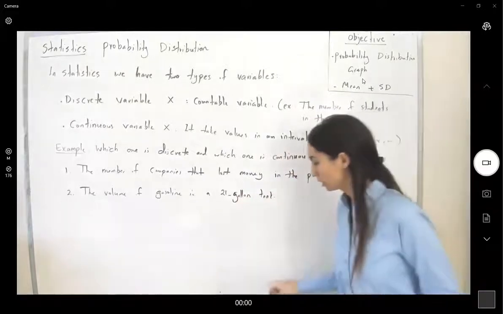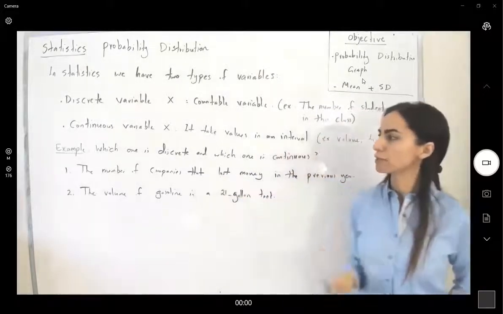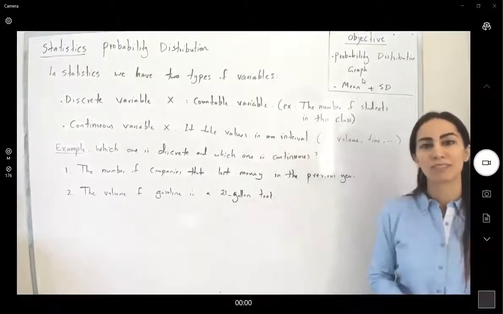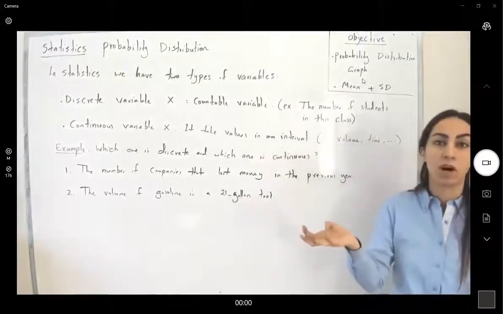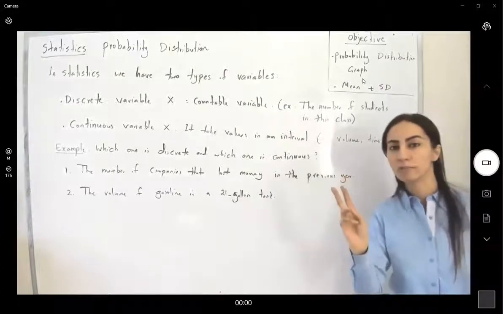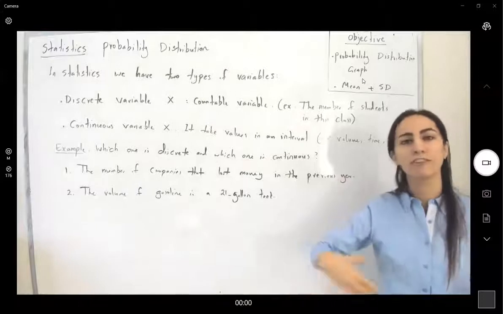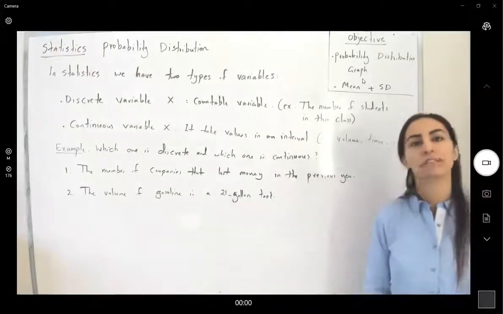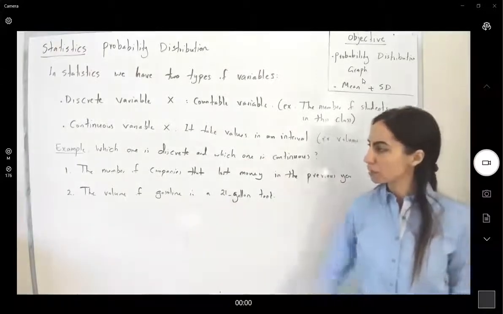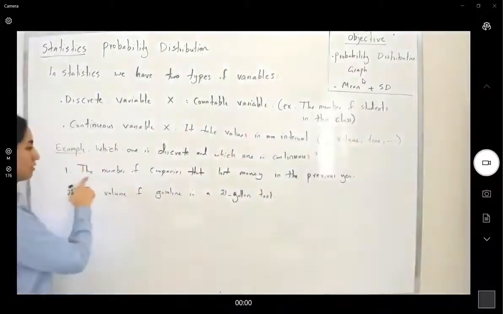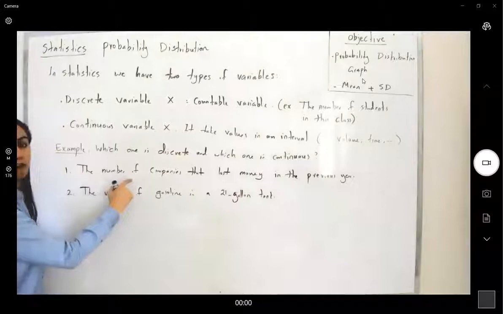So for the first one, I can count the number of those companies. None, 1 company, 2 companies, 3, 4, 5, and so on. It eventually stops somewhere. The key here is the use of the number of.